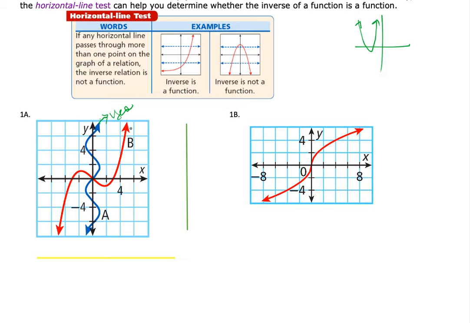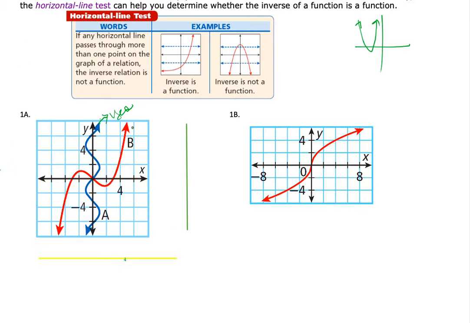Okay, now let's do the red. Does that ever touch the yellow line in more than one place? Oh, yep, it's touching. So no, its inverse is not a function.